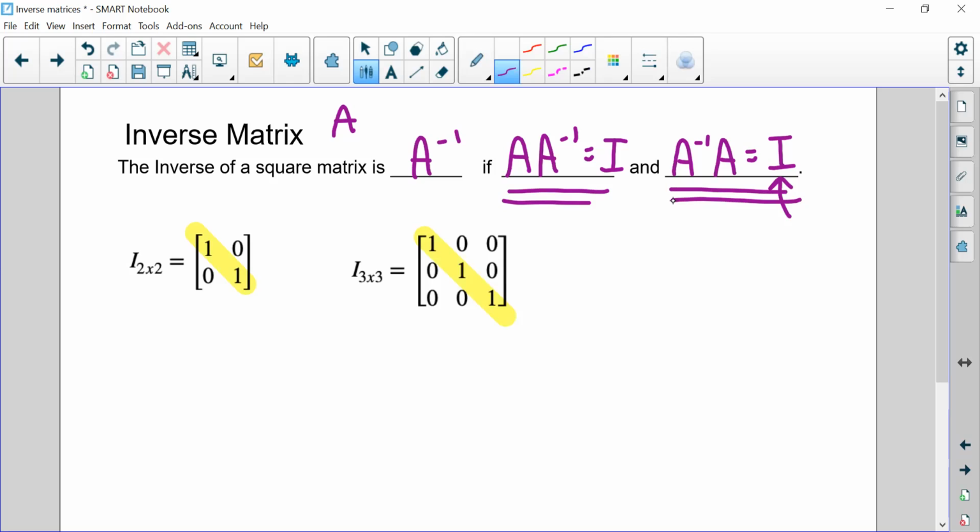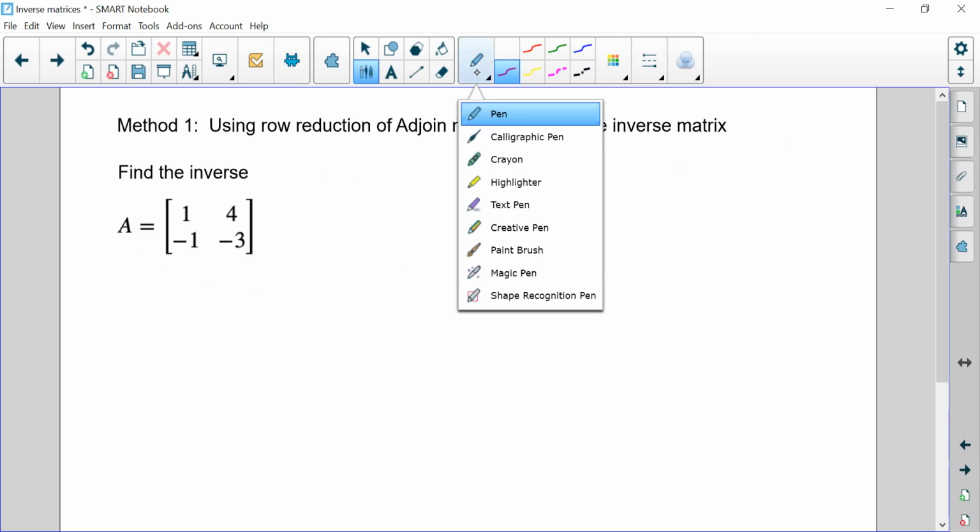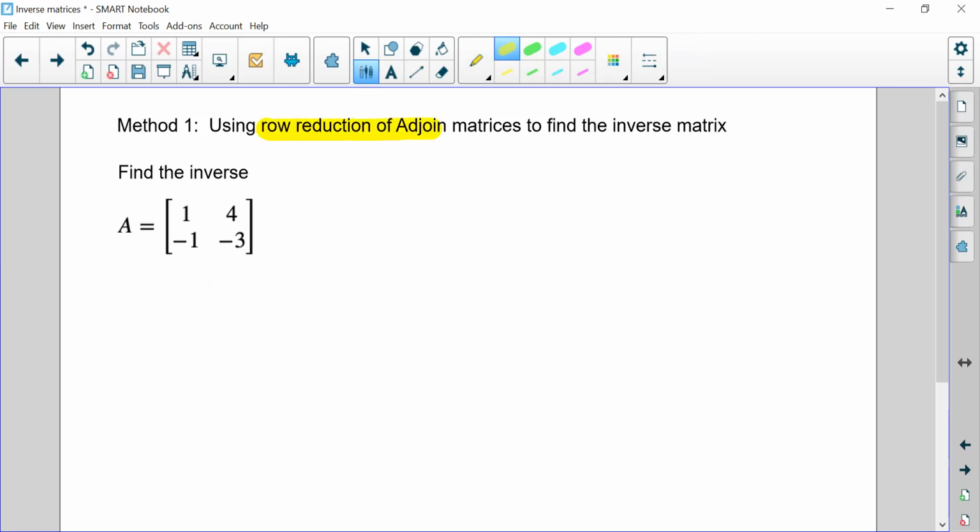All right, so now that I know what an inverse matrix is, we're going to look at how to find the inverse. We're going to learn a couple of techniques today. The first technique is row reduction by adjoint matrix to find the inverse matrix.